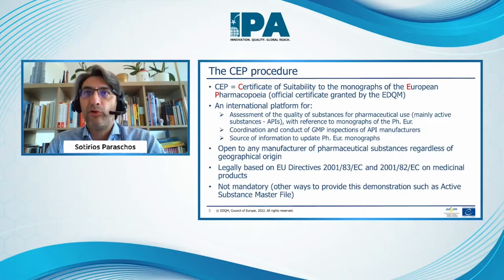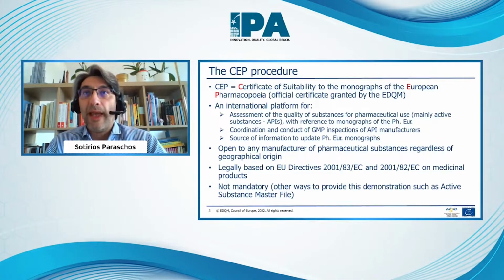In the frame of this procedure, coordination and conduct of GMP inspections of API manufacturers can take place. And of course, the procedure is also a source of information for the update of the European Pharmacopoeia monographs in case new information regarding either production or test methods is provided by the CP holders.